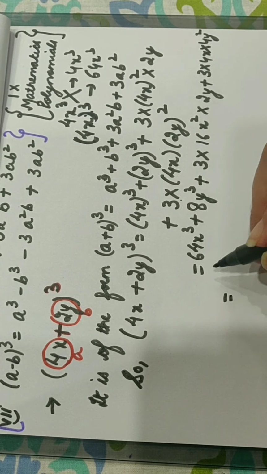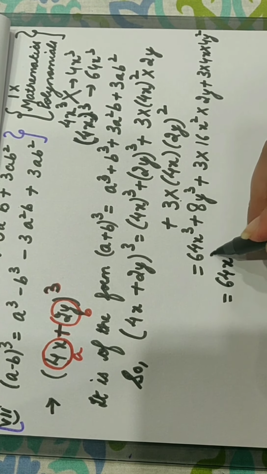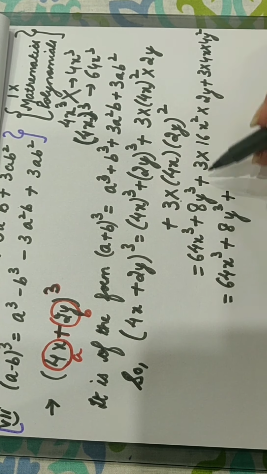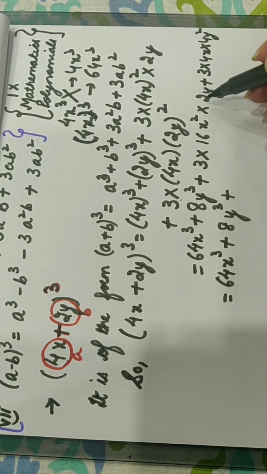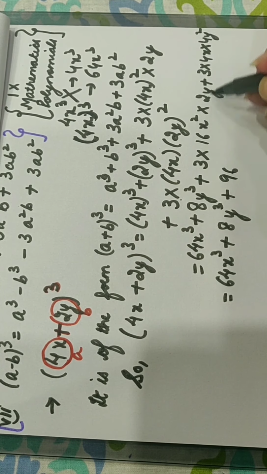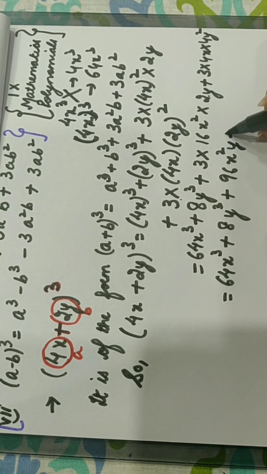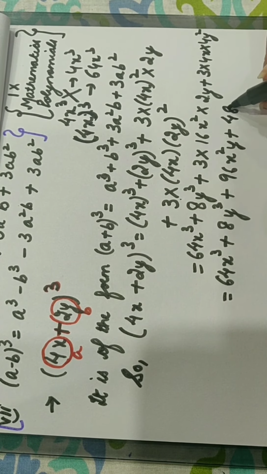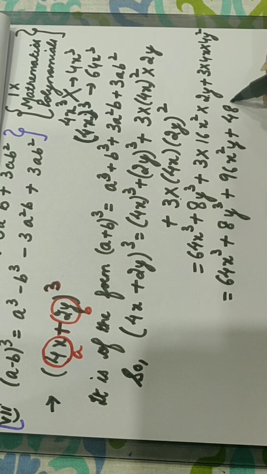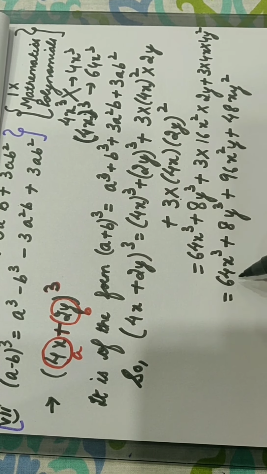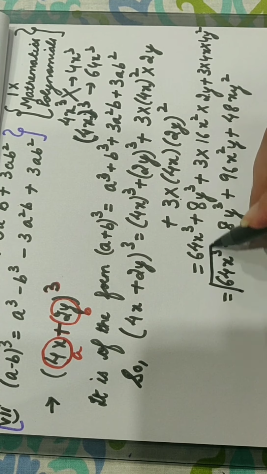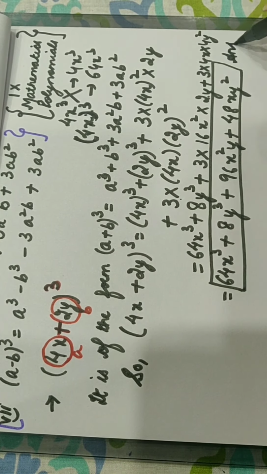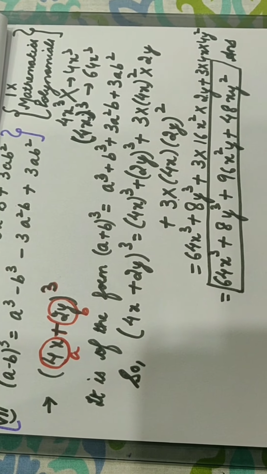It becomes equal to 64x cube plus 8y cube plus 3 into 16 into 2, it's 96, x square y plus 3 into 4 into 4, that means 48, x y square. These all are unlike terms. It cannot be solved further, so this is the answer. This is how you expand (4x + 2y) whole cube.